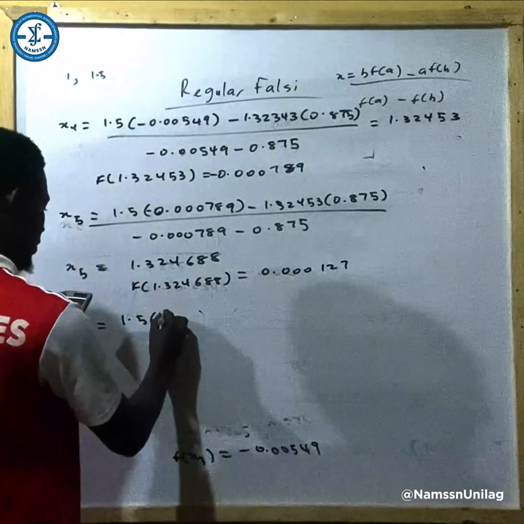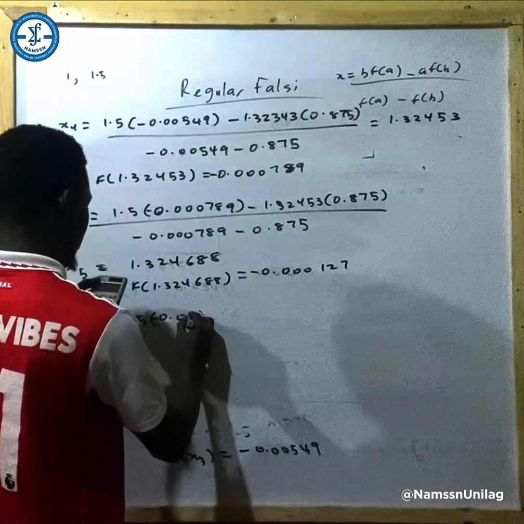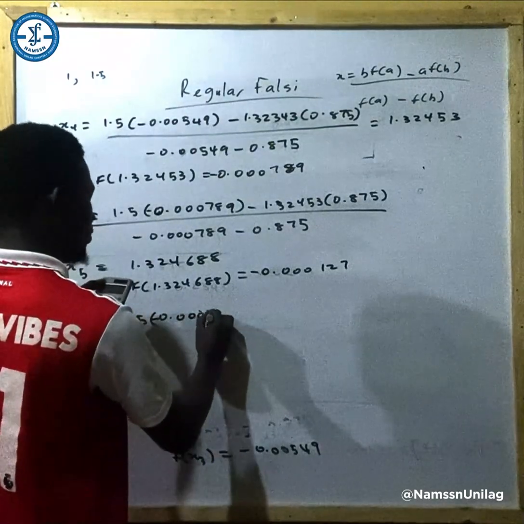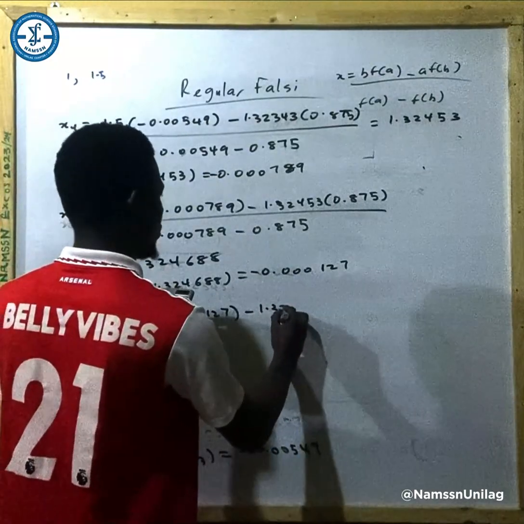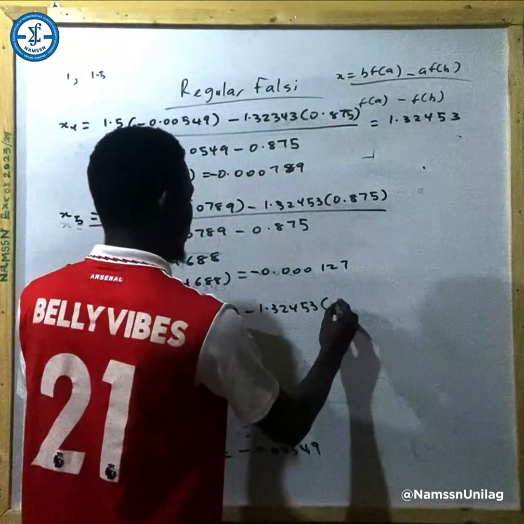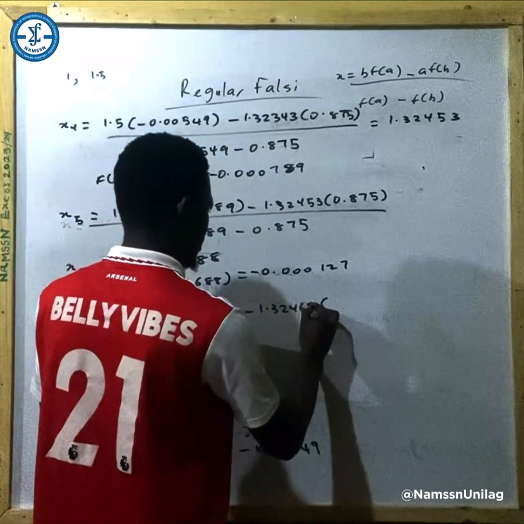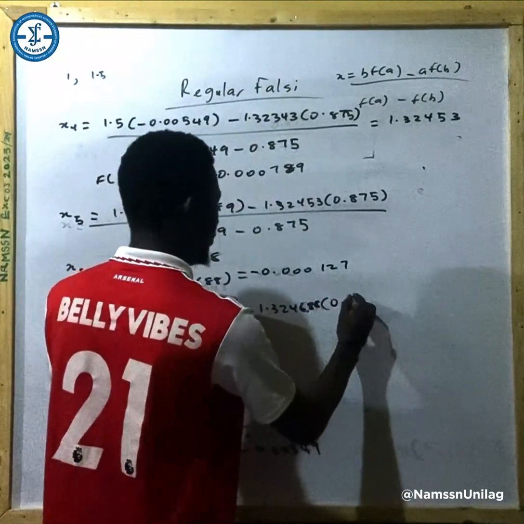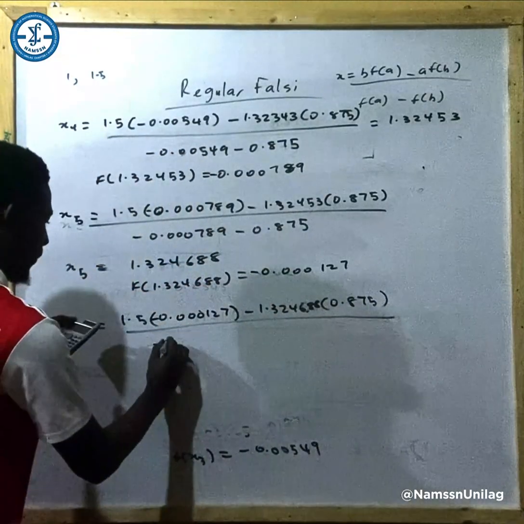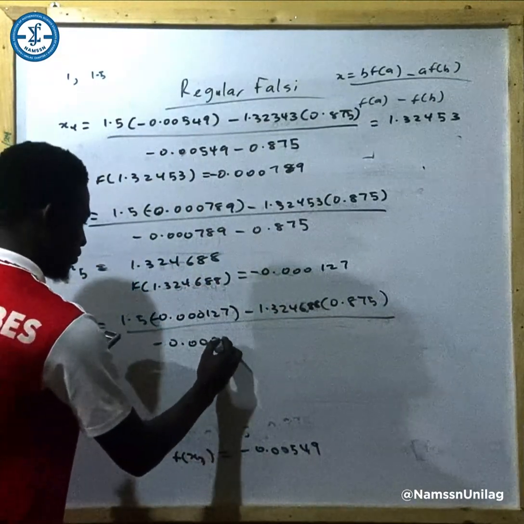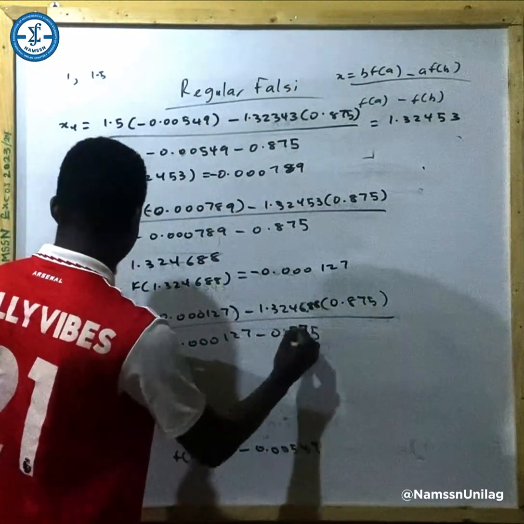So we have 1.5 minus 0.000127 minus 1.324688, sorry, 0.875 over minus 0.000127 minus 0.875.